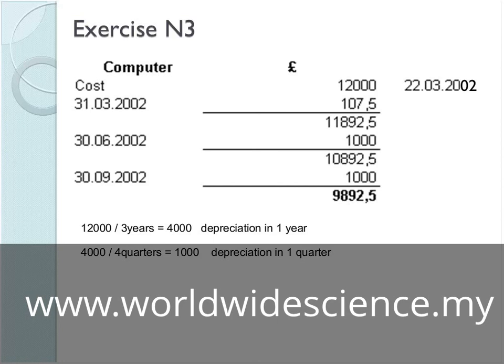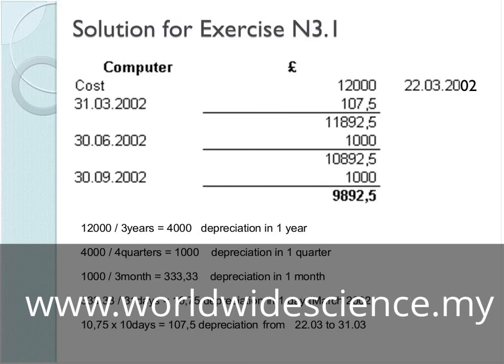So here is the solution for exercise number 3. First, we calculate the depreciation for each year. The 12,000 divided by 3 years would be 4,000, so we have 4,000 depreciation in each year. The 4,000 we divide by the 4 quarters, because in the year we have 4 quarters.